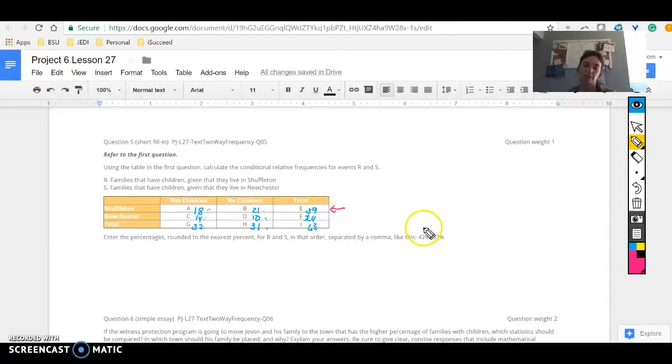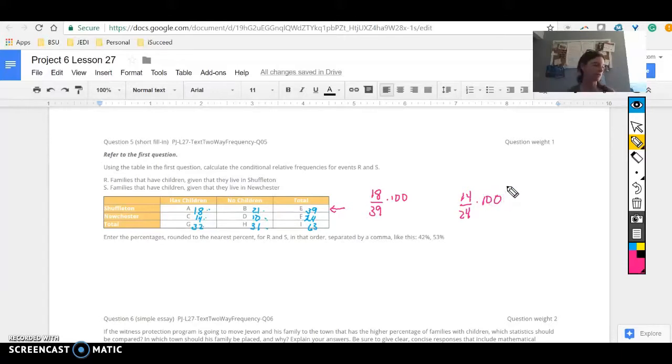So the total that I'm dividing on this one by is 39. So 18 families in Shuffleton have children, divided by 39 total families in Shuffleton. Okay, for Newchester, it's going to be 14 families have children, divided by 24 total families in Shuffleton.